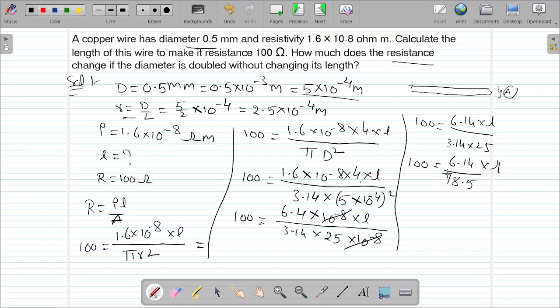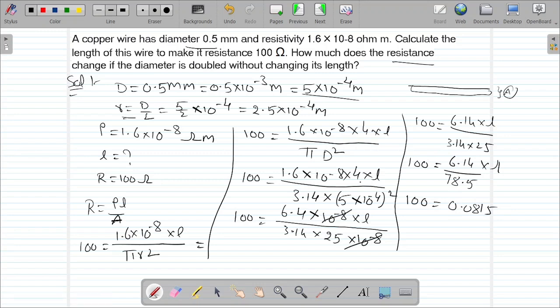So let's simplify this. 100 equal to 6.4 by 78.5. 6.4 by 78.5, how much you will get? Just calculate it. So it is approximately 0.0815.